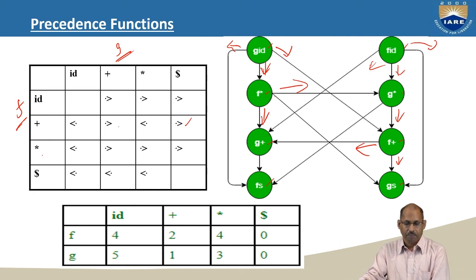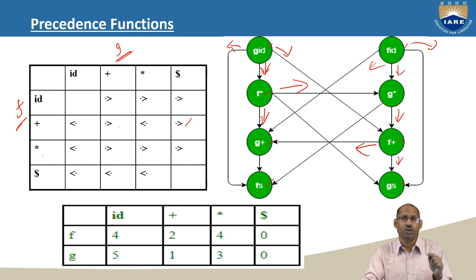Now we have drawn our arrows. We have to find the length of the largest path from the particular node. Now ID. From GID there are so many paths. But what do we require?